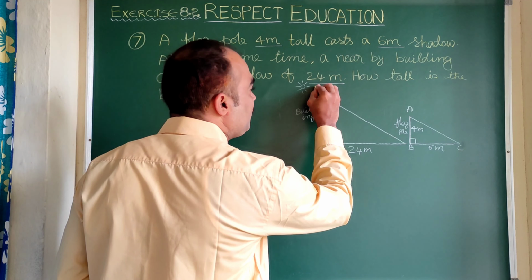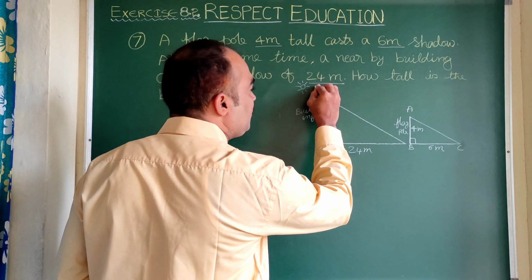So in the solution, we can write the given data. Here given AB is the pole, we can write height of the pole, that is AB, which is equal to 4 meter, right? And next, length of its shadow, that is BC, is 6 meters.